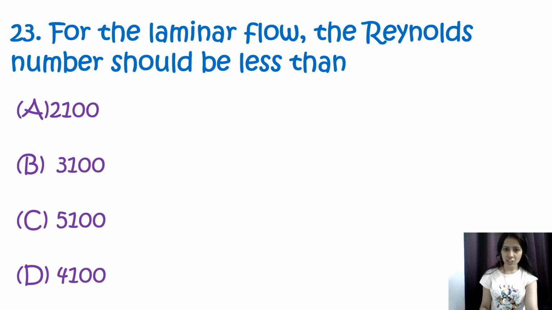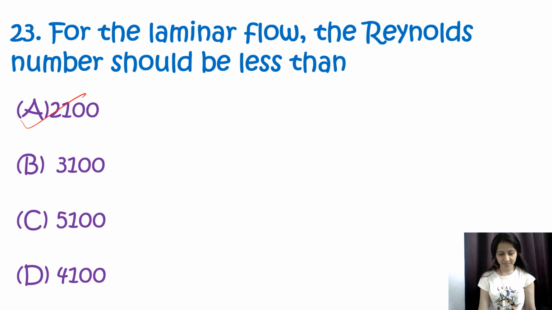For transitional flow, it should be typically between 2100 to 4000. And for turbulent flow, the Reynolds number should be greater than 4000. So over here the correct option is that for laminar flow the Reynolds number should be less than 2100. That is option number A.